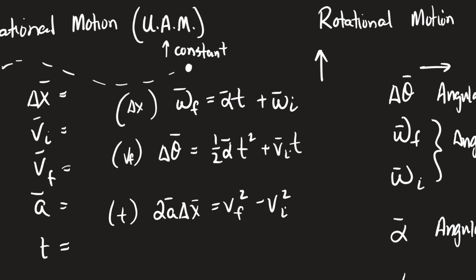And where I see v, I'm going to put omega. But I expect you can do the rest on your own. Take your 5, make a new equation sheet just for this. Does that make sense?